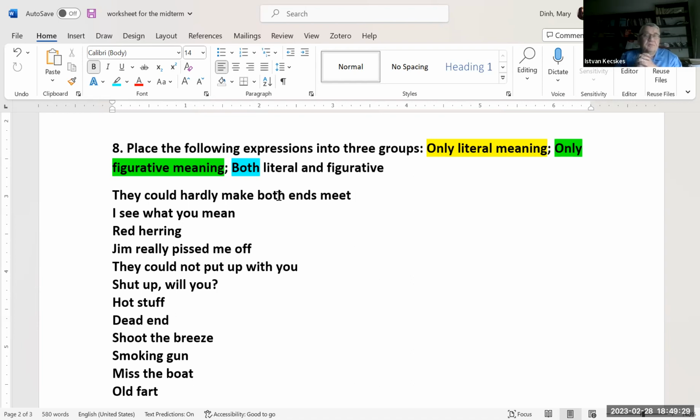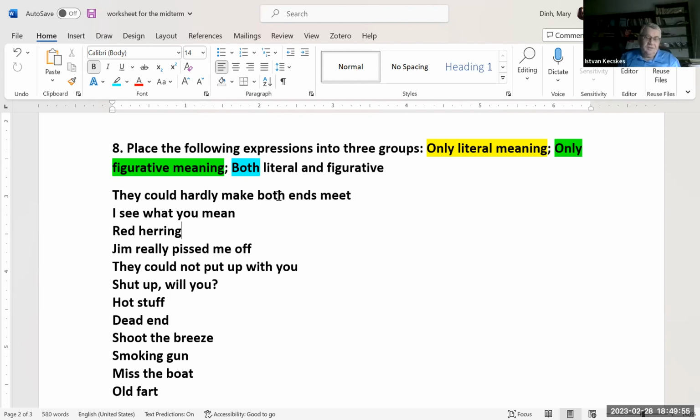Yingru, where did you put it? I put it in the third group, both literal and figurative meaning. What is the literal meaning? It just means make the two ends contact each other, like meet with each other. Like if you have a string in your hand, you can make both ends meet.